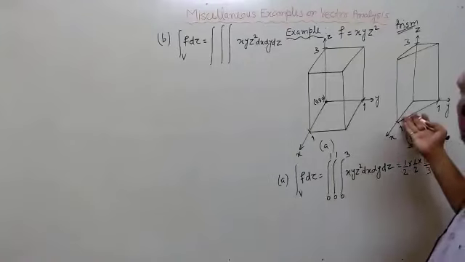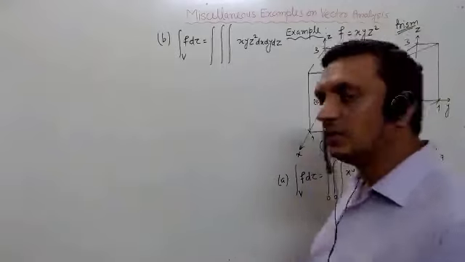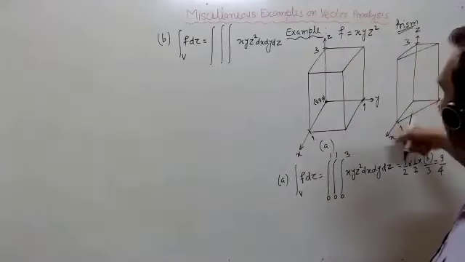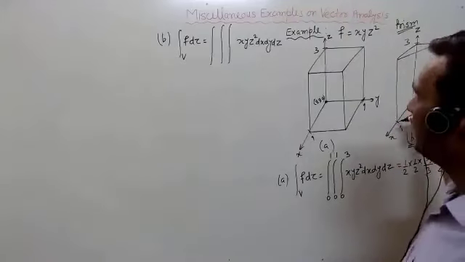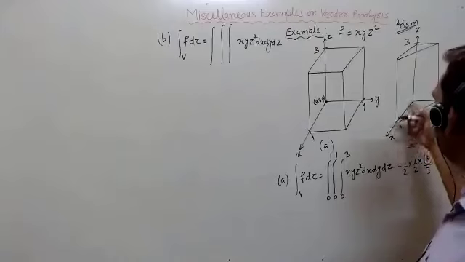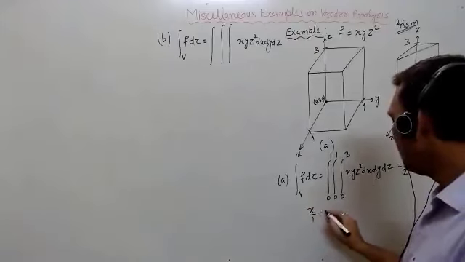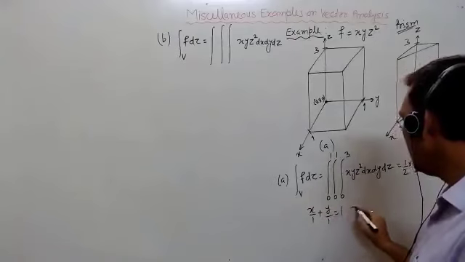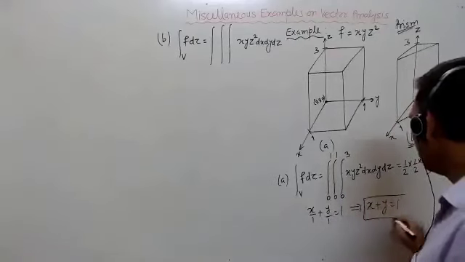So in this case, you can see now x and y are dependent, and z is 0 to 3. So what will be the relation between x and y in this case? In the xy plane, the intercepts are 1. So we will get x by 1 plus y by 1 is 1, or you can see x plus y is 1.